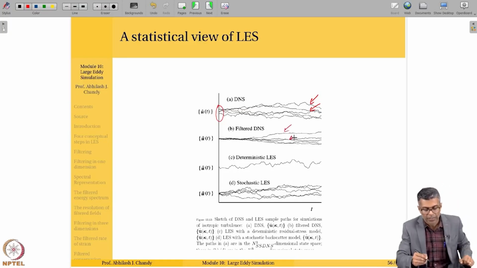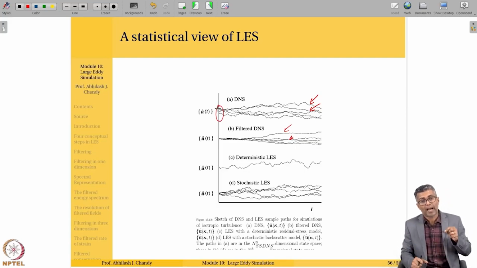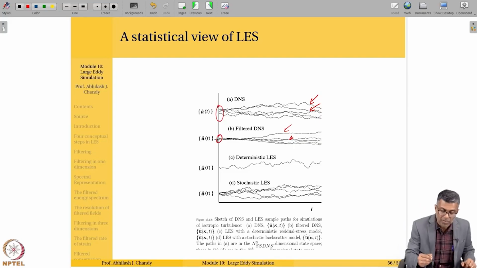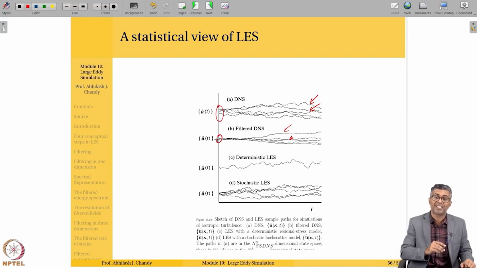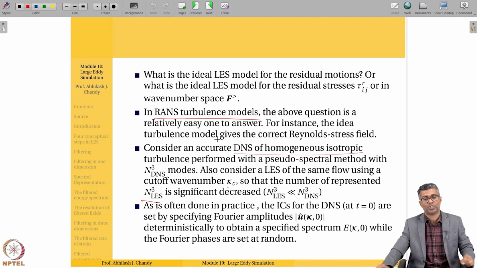By the time you filtered this out, those random Fourier phases just went away. The amplitudes were the same, so you got the same initial condition. However, they still proceeded along different paths, because every realization in turbulent flow is different, even if you start with the identical initial condition.